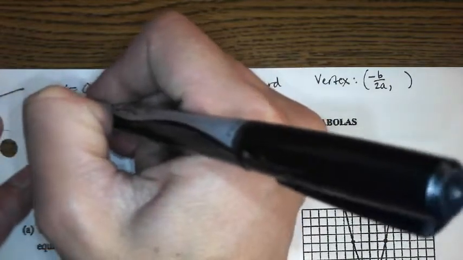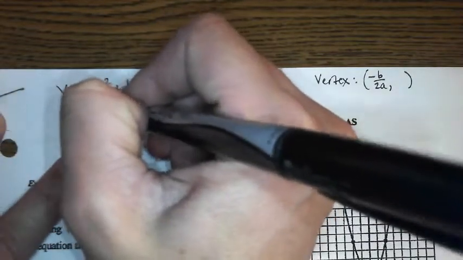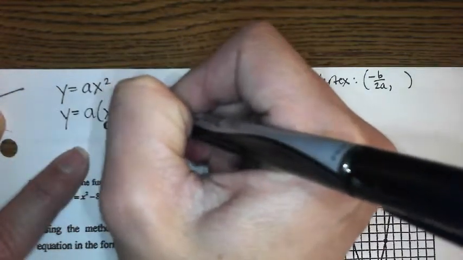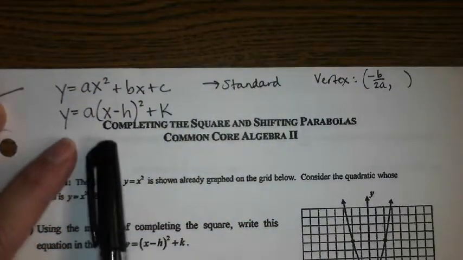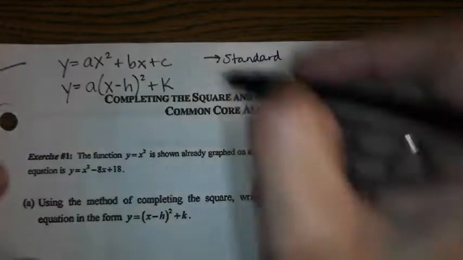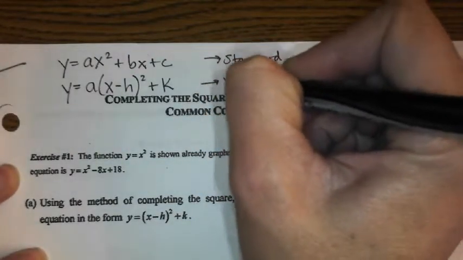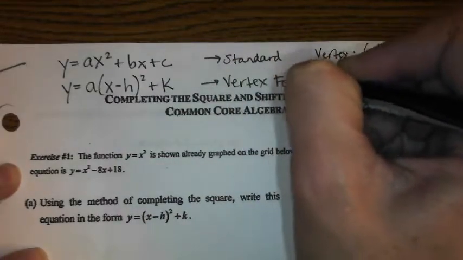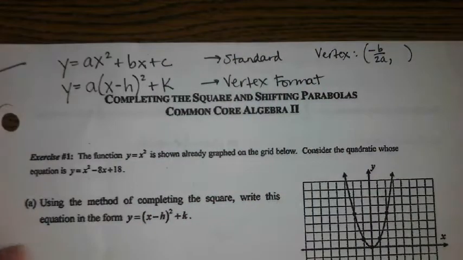The other format is called vertex format, and that's what we're going to be working on today. So write this down. Y equals a parentheses x minus h squared plus k, and that's called vertex format. That will be a flashcard. You have to know that format.